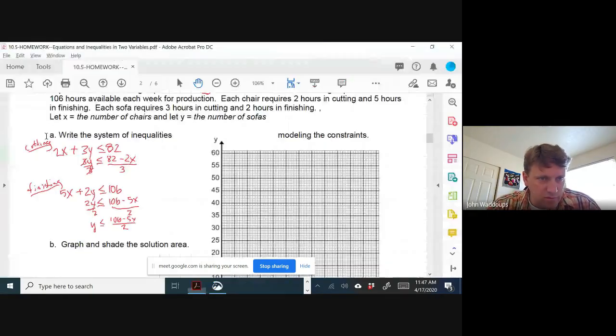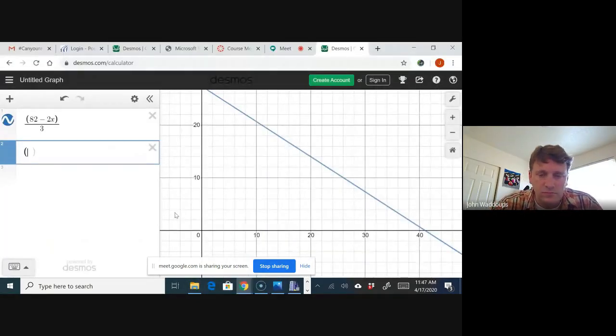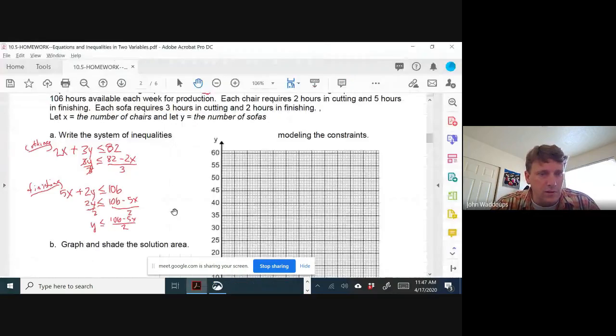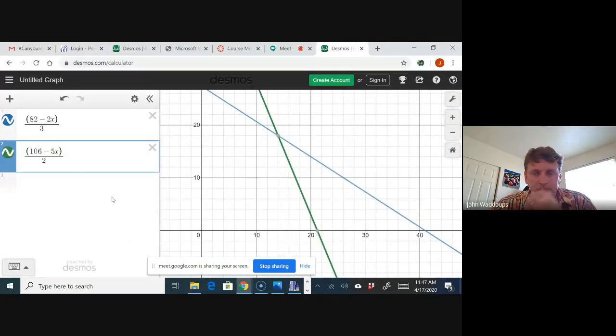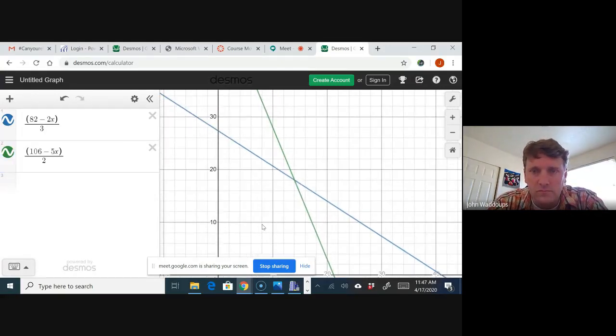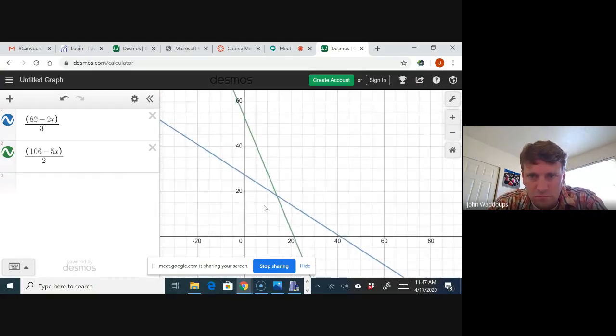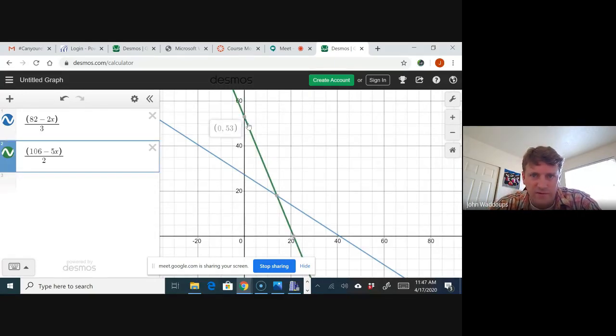And then 106 minus 5x, and divide that by 2. So those are our equations.